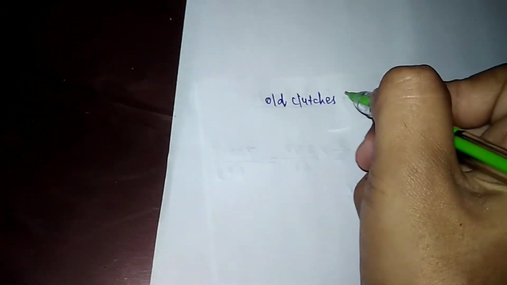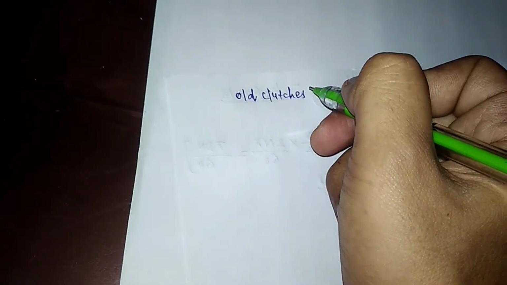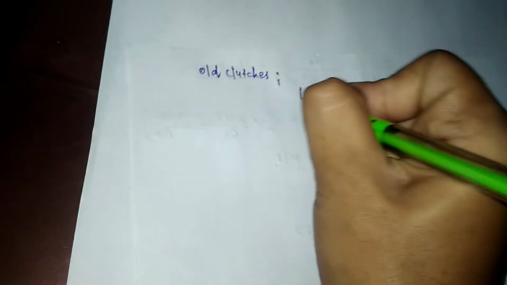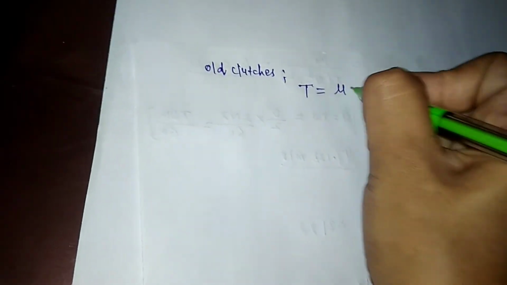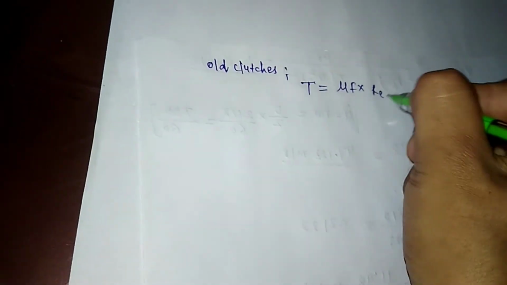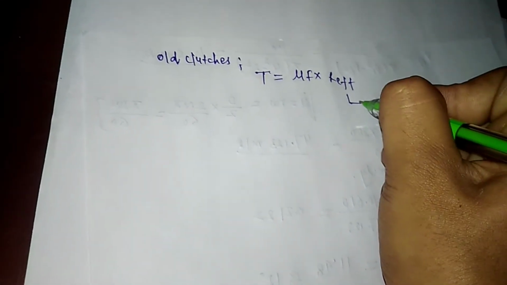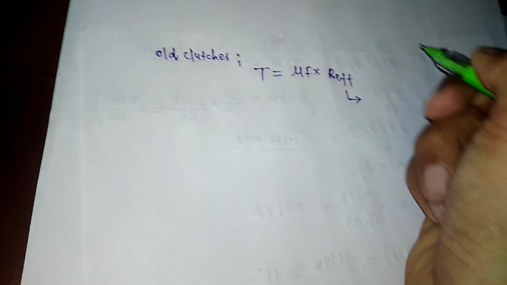Now I will talk of the old clutch, or you can say wear out clutch. So for wear out clutch, torque is equal to mu F R effective. This will be the same, but the difference is of effective radius.